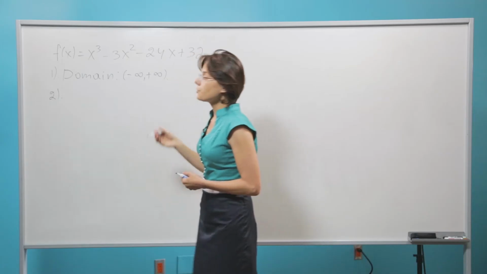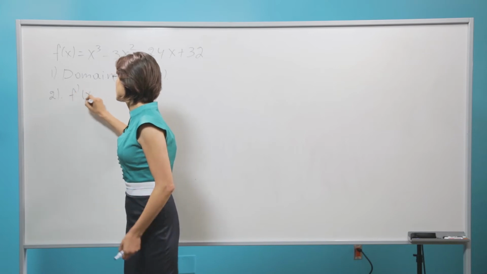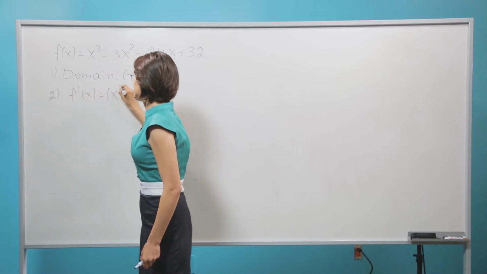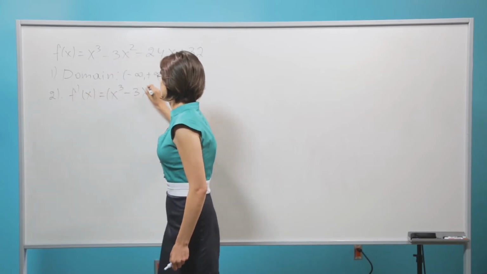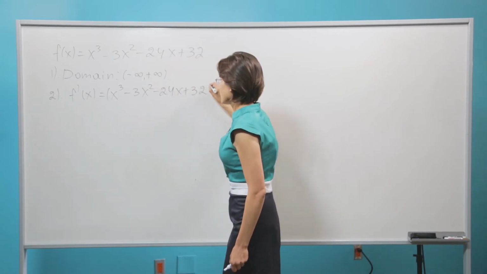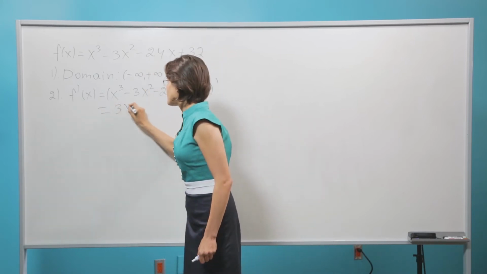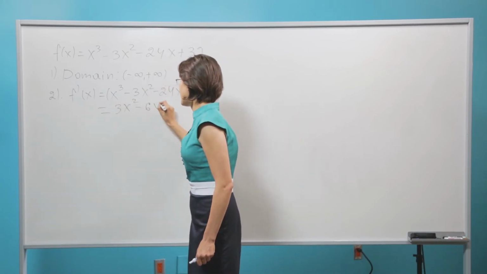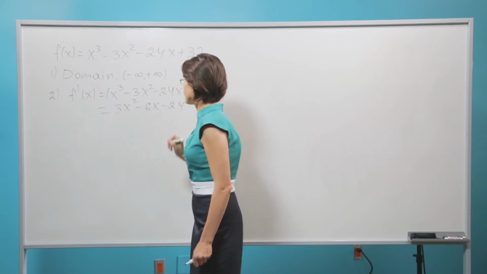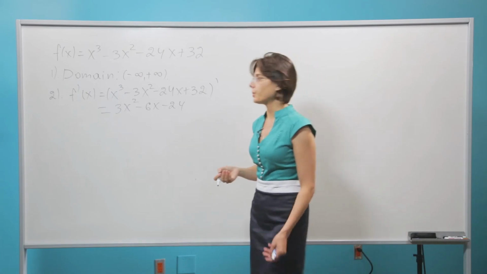The next step is to find the derivative of this function. We just use the regular differentiation rules. So the derivative is equal to 3x squared minus 6x minus 24. The next step is to find critical points.